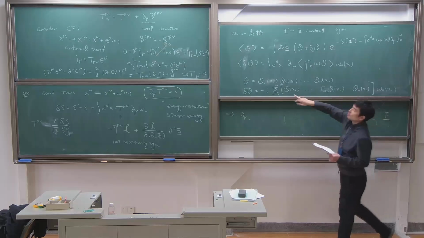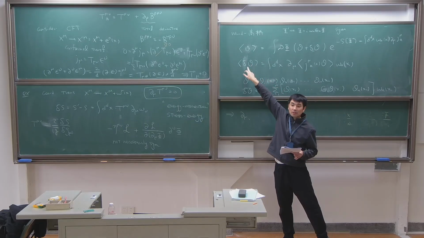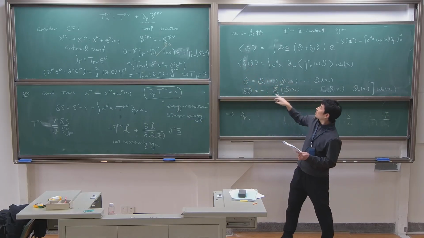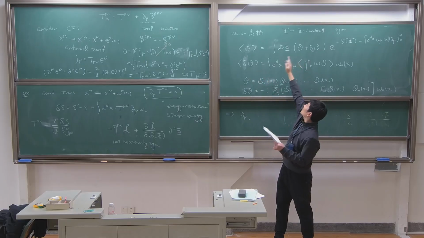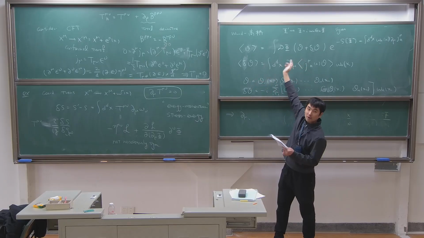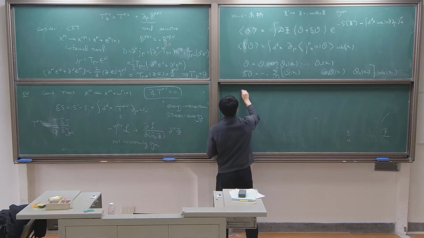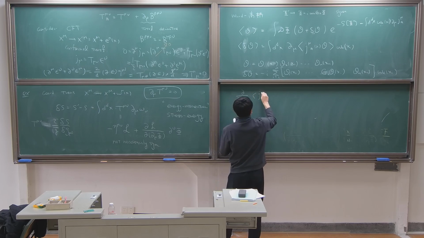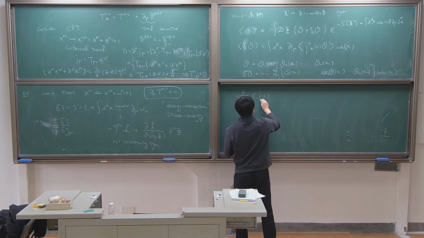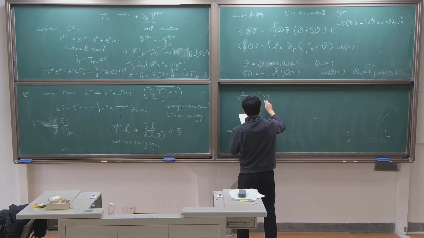So plug this into here, and then compare this to this bracket part. Then what you get is the integral of d x mu, j mu, and then A.